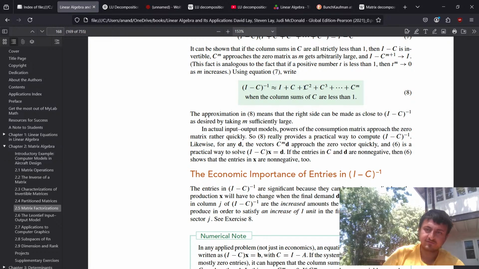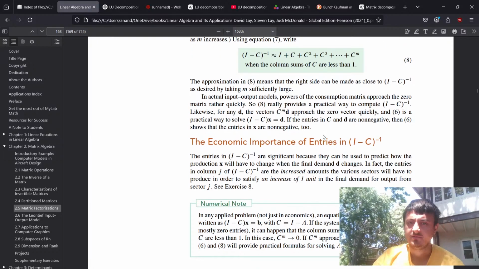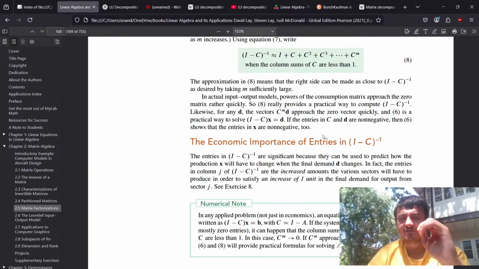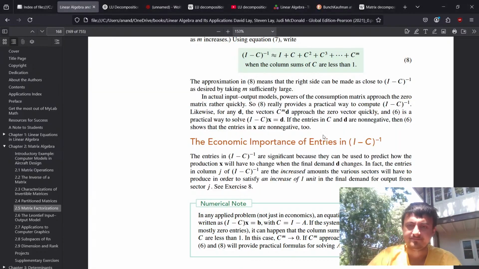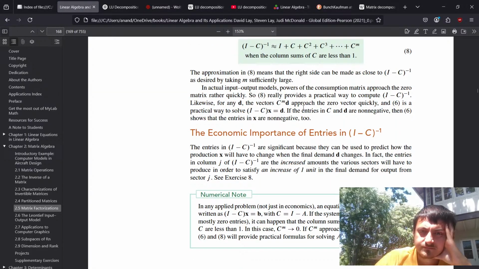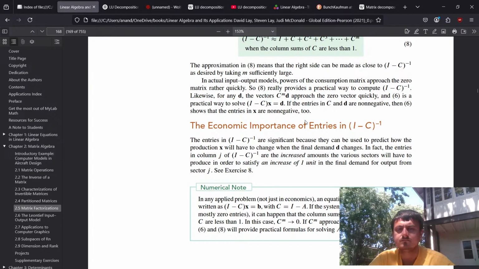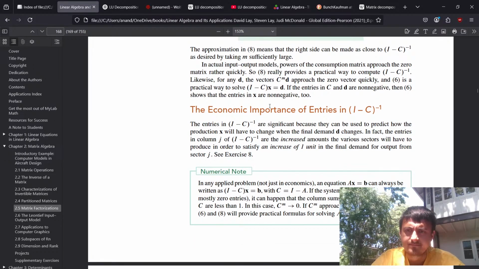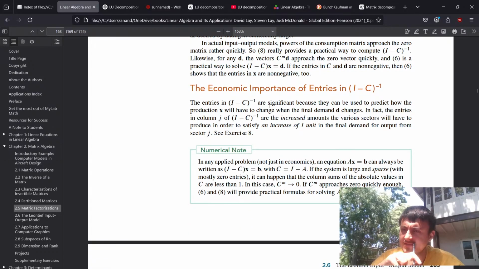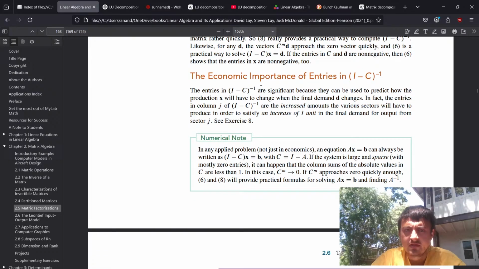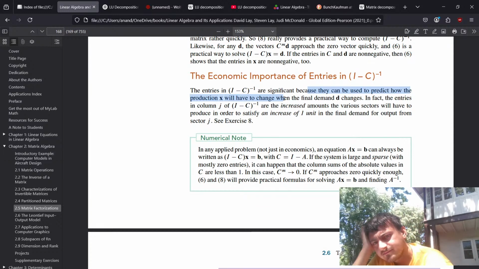I don't understand why we even need to compute this inverse. Why not just do LU factorization like we just did? The economic importance of entries in the inverse: the reason is they can be used to predict how production X will have to change when the final demand D changes.